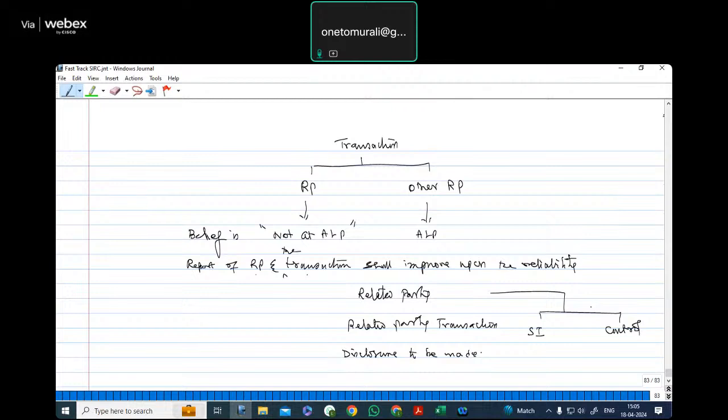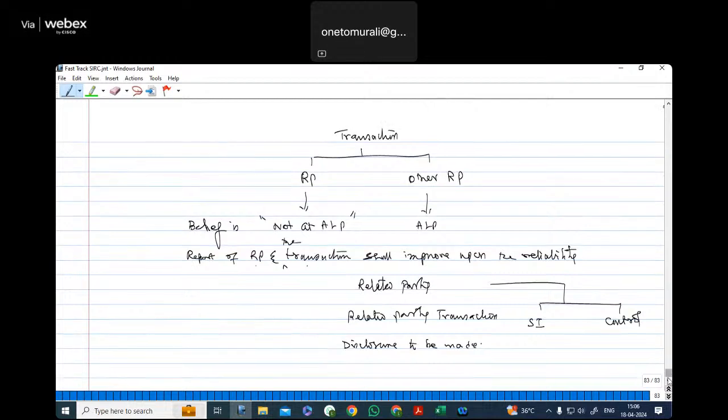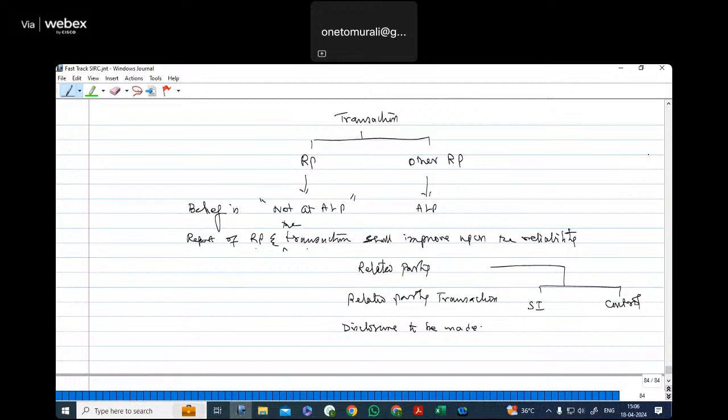Correct? So disclosure is needed when there is significant influence and when you have control.